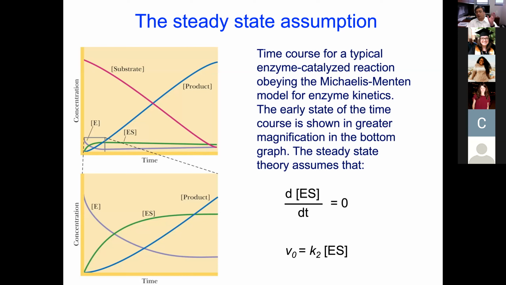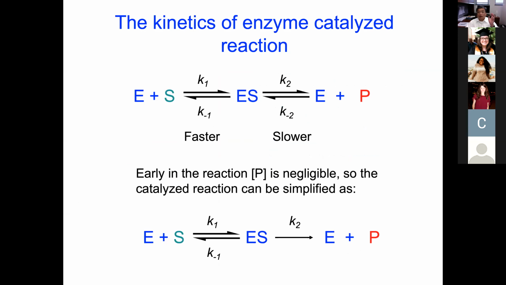So we have two assumptions now. The one assumption is that the reaction between product and the enzyme to form ES complex is very, very slow in the beginning of the reaction. So we can ignore this step of the reaction, the inverse of this second step. And that is a simplified form of the enzyme catalytic reaction.